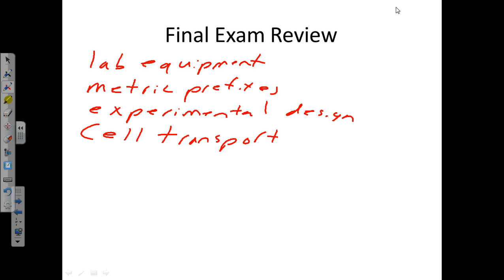Cell respiration gives off what gas as a waste product? Carbon dioxide, and it needs what gas as a reactant? Oxygen. Oxygen as a reactant, carbon dioxide is given off as a product. The opposite of photosynthesis. You should know, again, the equation for photosynthesis and the equation for cell respiration.